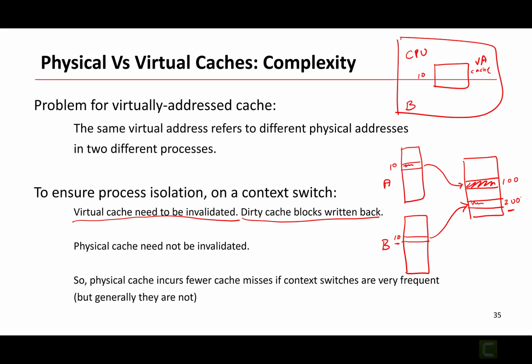So the big takeaway here is that when there is a context switch, in the case of a physically addressed cache, there is nothing to be done. Everything works beautifully. There's no problem. However, if you're using a virtually addressed cache, you have to clear it because we cannot distinguish between the same address generated by two different processes.